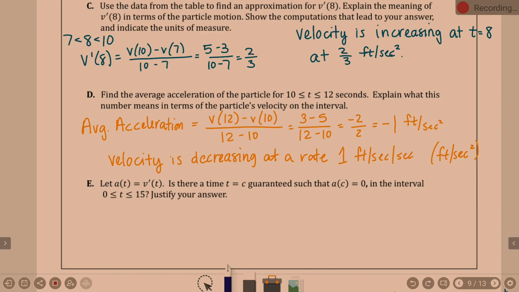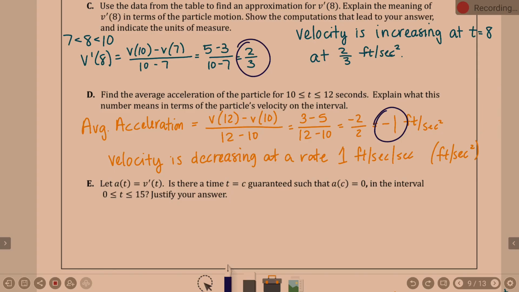Okay. What did we find on part C? The velocity over the interval from 7 to 10, or excuse me, the v prime of 8, so acceleration, or average acceleration, was positive over the interval from 7 to 10. What did we find over the interval from 10 to 12?